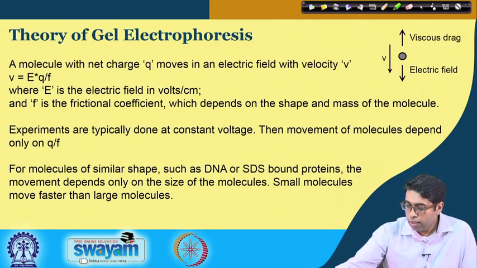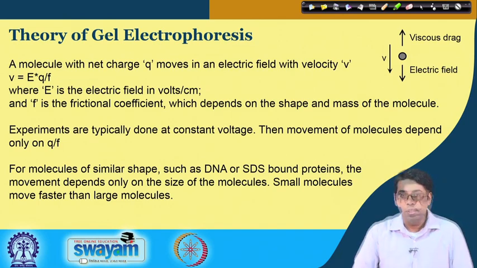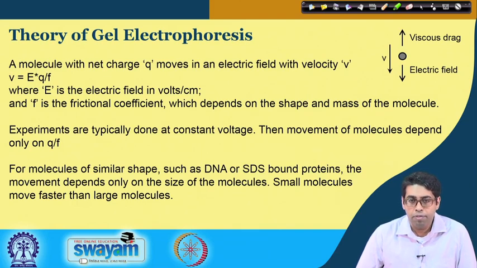Okay. So, what is the basic principle by which these macromolecules are separated? Typically, all these macromolecules are given a negative charge. In case of DNA and RNA, they naturally have negative charge because of the phosphate backbone.